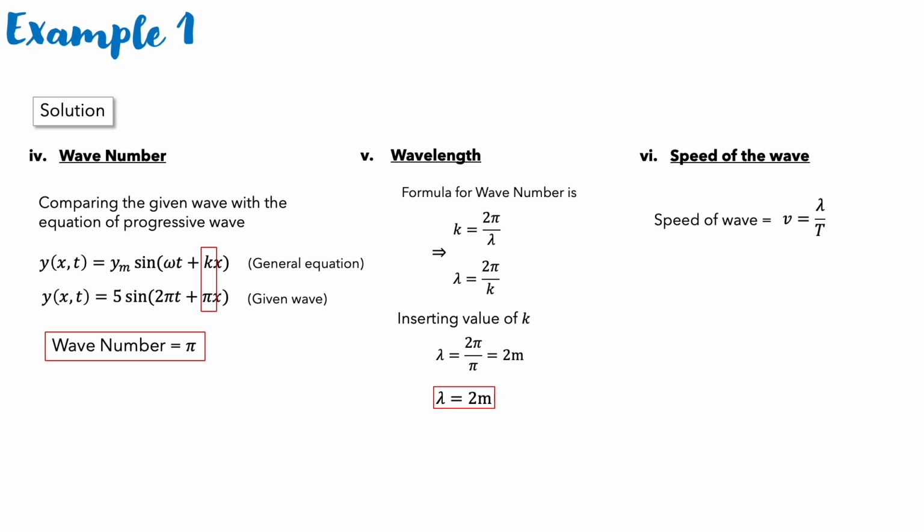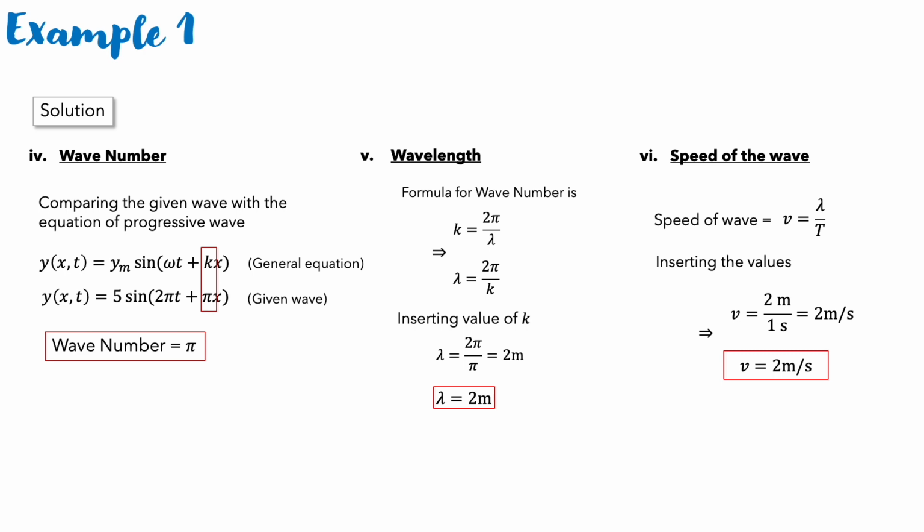So we simply substitute values here. 2 meters divided by 1 second gives us v is equal to 2 meters per second. So this is the speed of the waves. Very simple. You had to find out 6 variables here, which were very easy to obtain with all the formulas given on slide number 1.